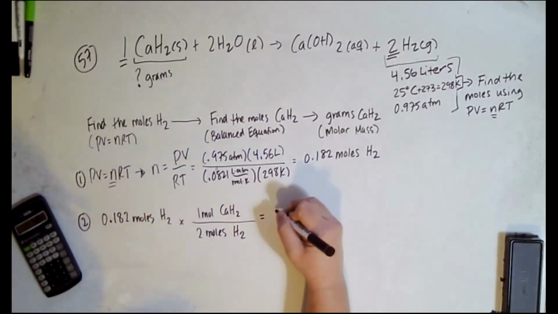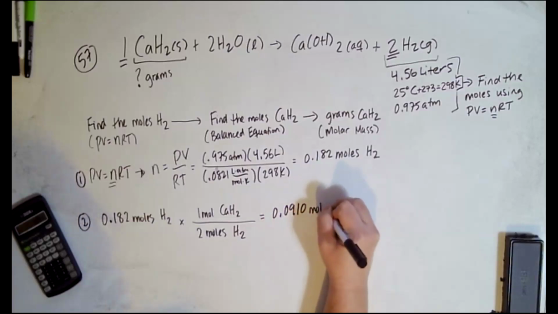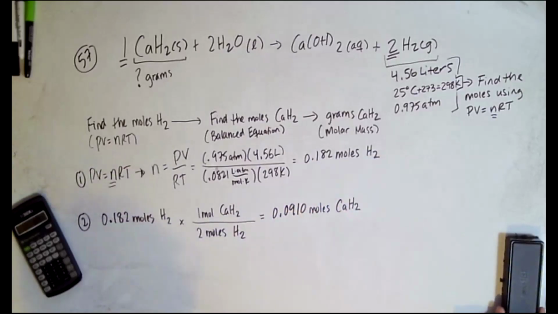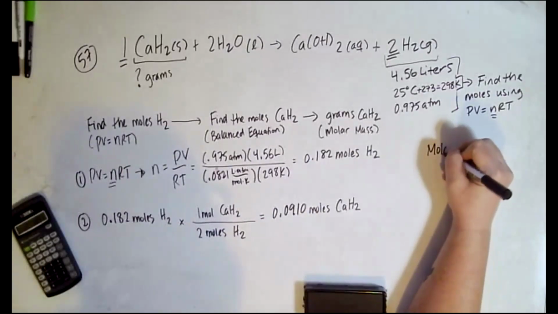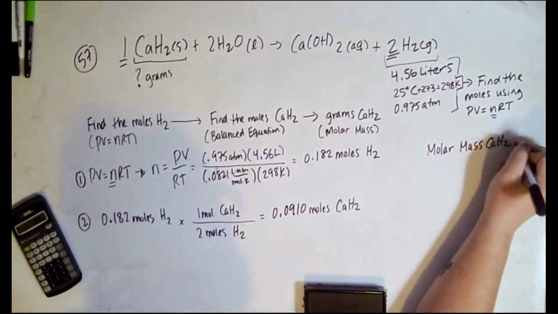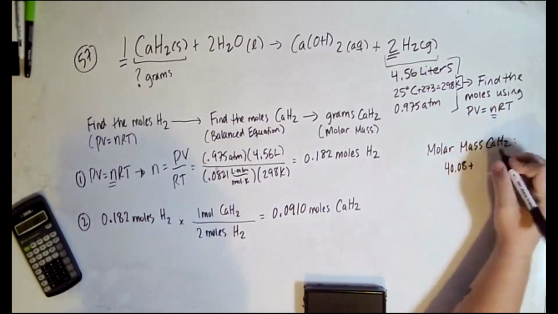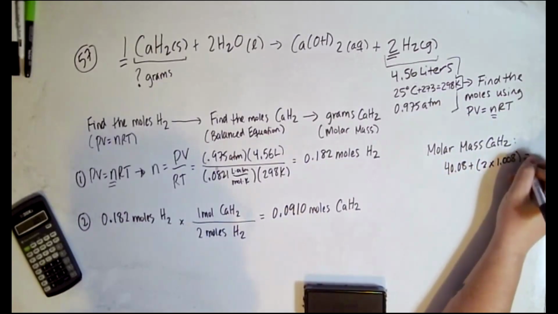So we have 0.091 moles of CaH2. And now for our last step, we have to use our molar mass to turn moles of calcium hydride into grams of calcium hydride. So we're going to calculate the molar mass of CaH2. So calcium is 40.08 plus 2 times 1.008.